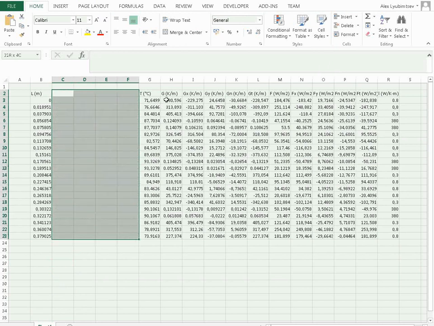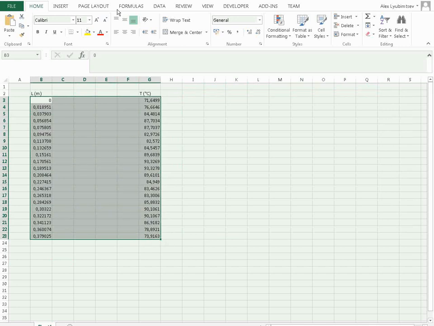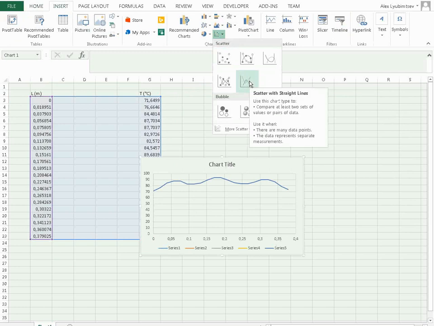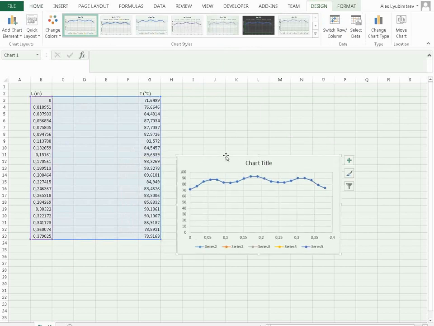I will remove these columns. This is the temperature distribution plot that I made in Excel.